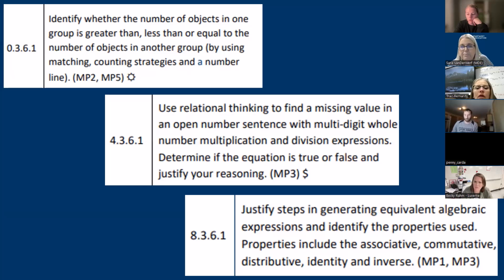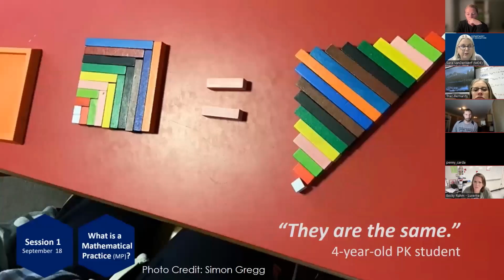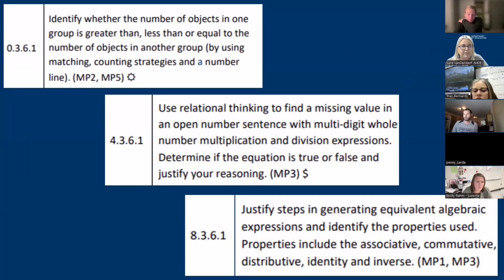That idea is built in, because we start as 4-year-olds with some ideas of math, and our new standards are built on a progression that includes these math practices within them. Our students in elementary school are not going to be perfect with these 8 practices, but they will get more and more sophisticated in the use of them if, as a state of math educators, we commit to building these in our students.